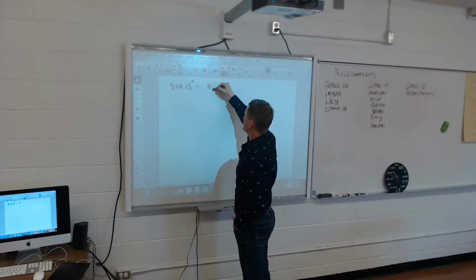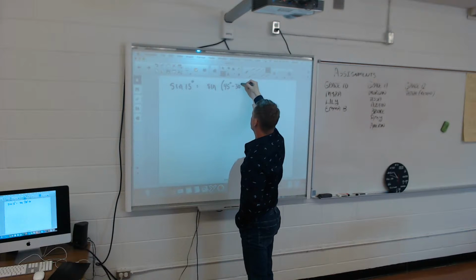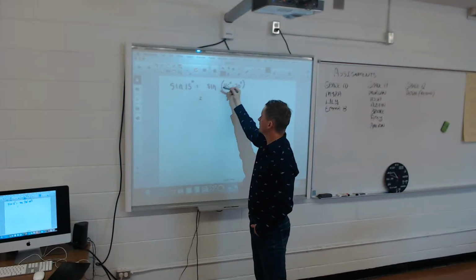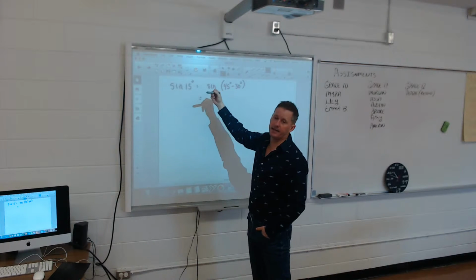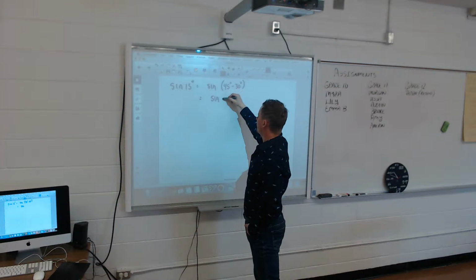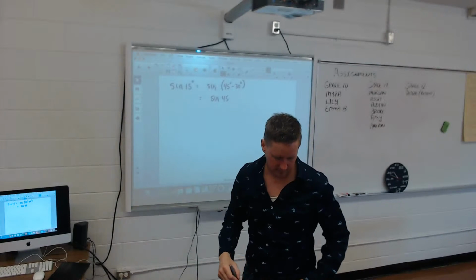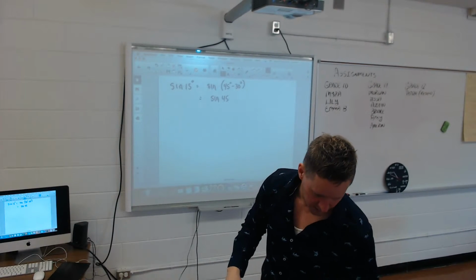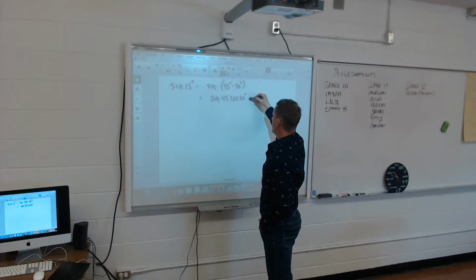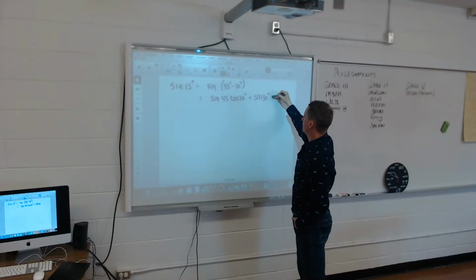So I would change this to, now don't write this down, don't pay much attention to this, sine of 45 minus 30 degrees, because that's what 15 is, because I know the 45 and 30. And then the identity for it is what we call a difference identity, which is sine 45 cos 30, subtract, or add, I can't remember what this identity is offhand, sine 30 cos 45.